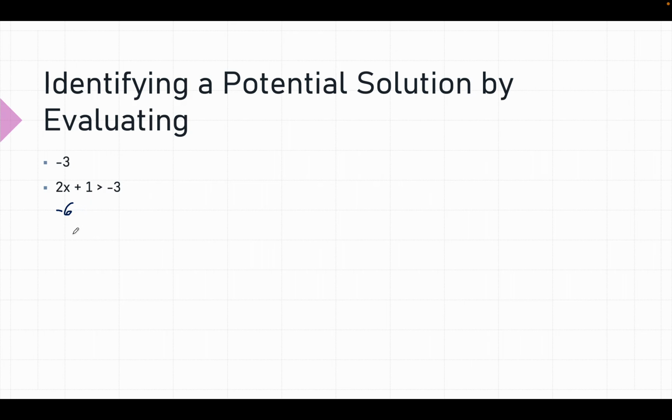Plus 1 is negative 5. So is this now a true statement? Is negative 5 greater than negative 3? No. So the answer is no. Negative 3 is not a potential solution.